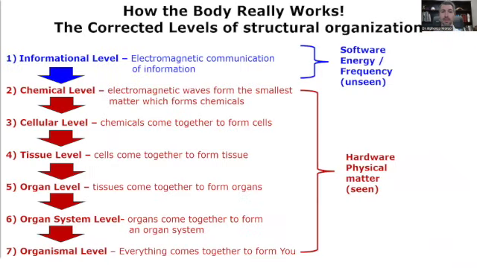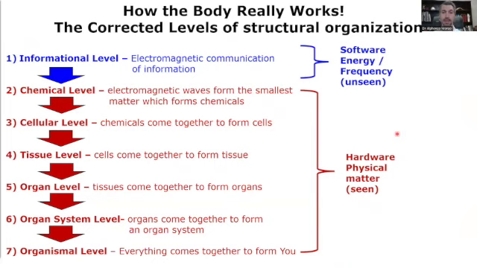So the first thing we get to is this. Remember, we talked about this last time. This is the reason why we want to use bioenergetic testing, because we can test from this level, the electromagnetic informational level, all the way down to level 7. Whereas modern medicine can really only test these levels here that are physical. And if you have a problem on one of these levels, maybe they can identify it.